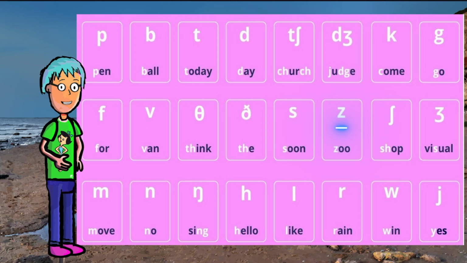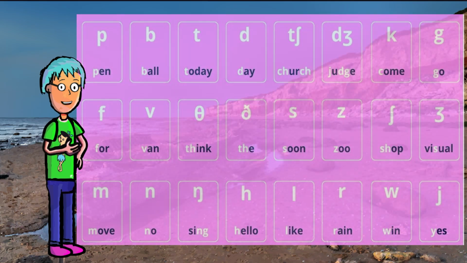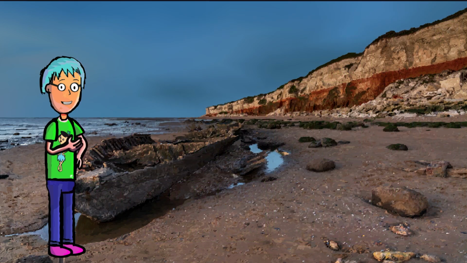Z, zoo. Sh, shop. J, vision. M, most. N, not. Ing, sing. H, hello. L, look. R, rice. W, walk. And y, yes. So that's all of the symbols and sounds that we use to say any word in English.